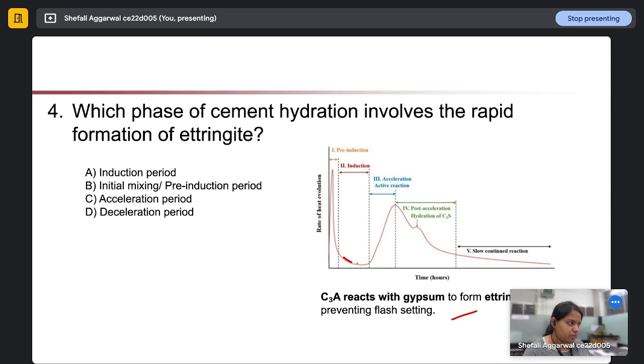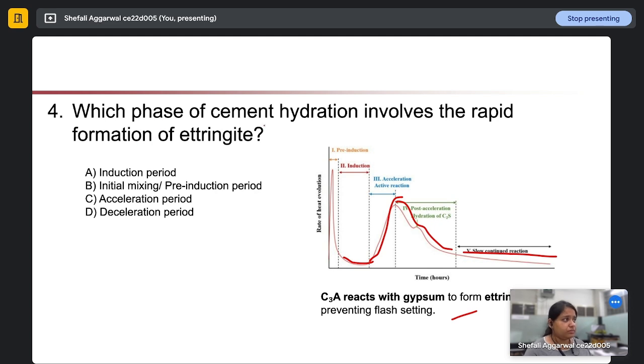Then comes the dormant period, which is sometimes part of the induction period and sometimes taken separately. When there is active hydration, that point is called acceleration. After acceleration, when there is hydration of other products, that is called the post-acceleration deceleration process. And lastly, there is a slow continued reaction.